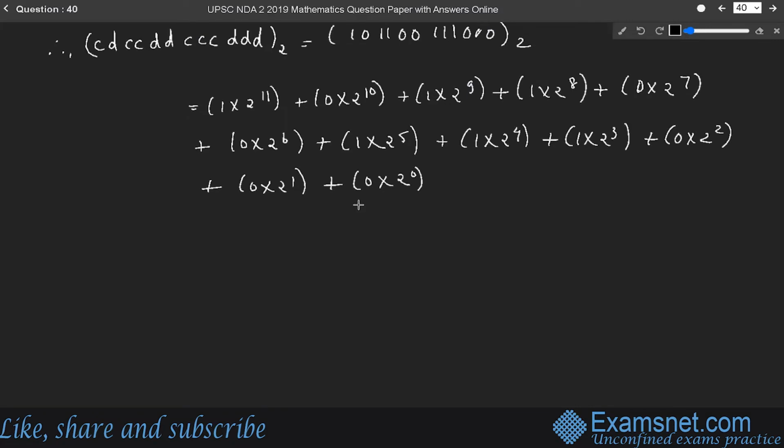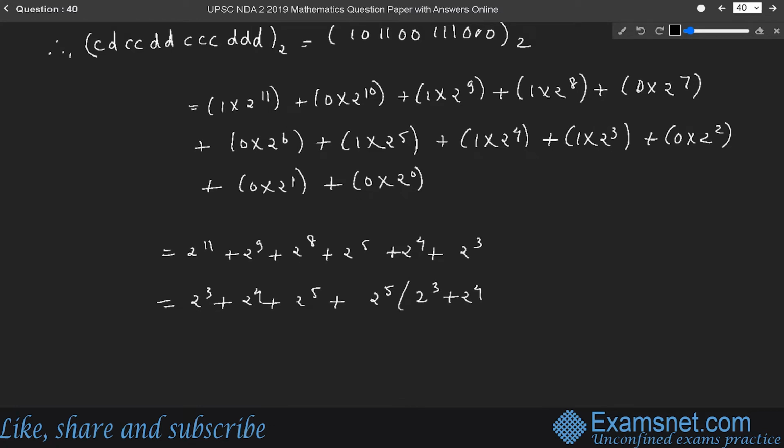So this will be equal to 2^11 plus 2^9 plus 2^8 plus 2^5 plus 2^4 plus 2^3. So it can be written as 2^3 plus 2^4 plus 2^5 plus, taking 2^5 common from the remaining terms, the terms will be 2^3 plus 2^4 plus 2^6.